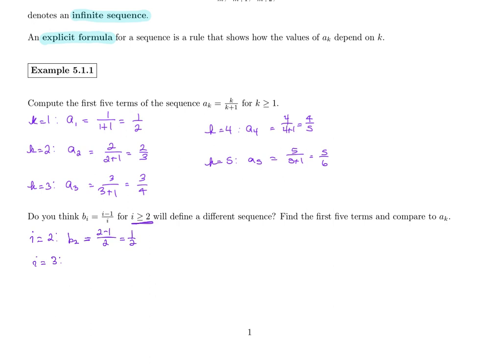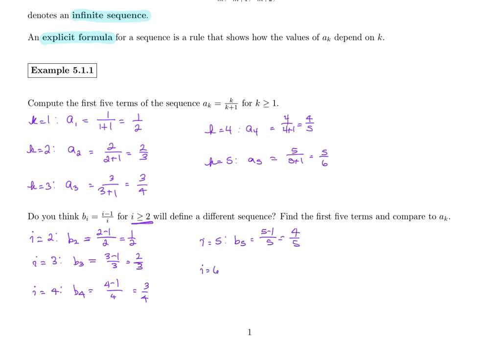At i equals 3, when we go up by 1, we iterate by 1, we get b sub 3 is now 3 minus 1 over 3, or 2/3. i equals 4 is going to give us b sub 4, which is going to be 4 minus 1 over 4, or 3 over 4. i equals 5 is going to give us b sub 5, equaling 5 minus 1 over 5, or 4/5.